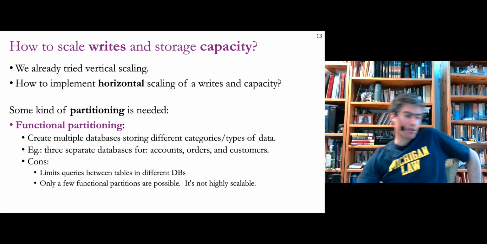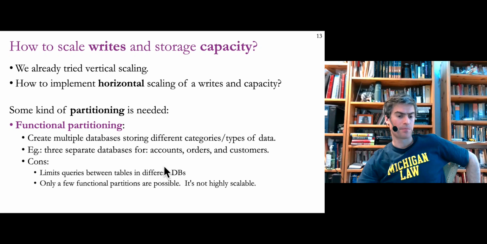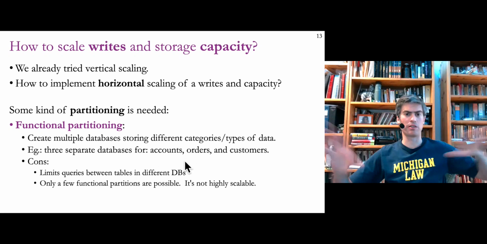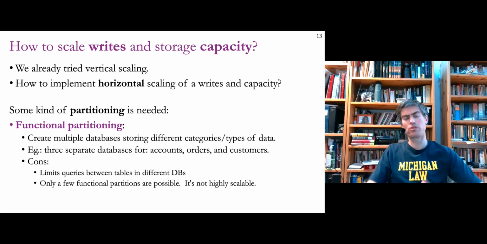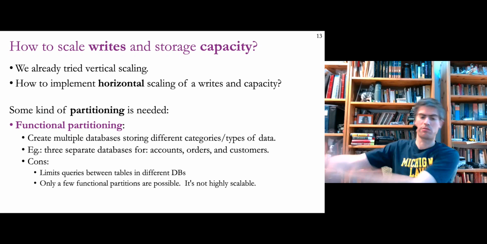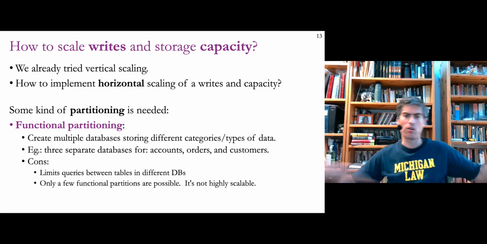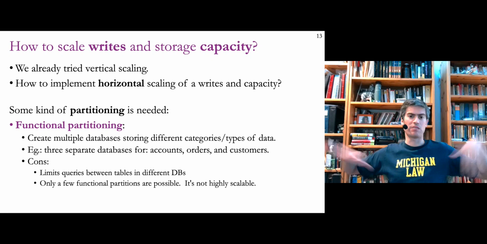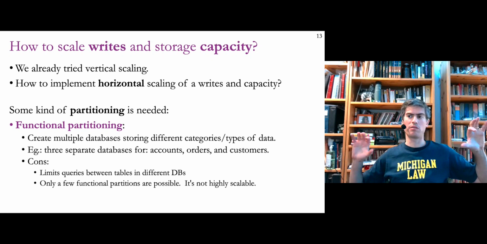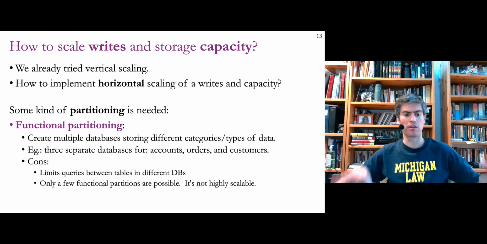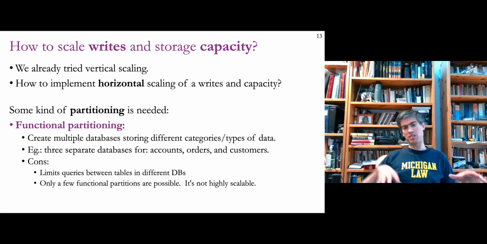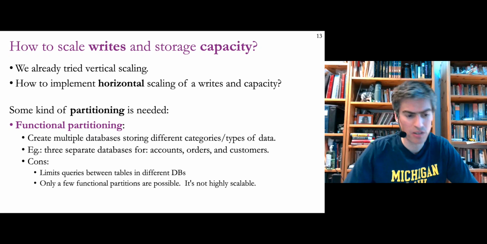This is often done not necessarily for scaling, but for simplicity of design and for isolating different engineering efforts. You might have an accounts database in one place, an orders database in a different place, and a customers database in a different place. All those could be separate. They could be behind different microservices. So the same principles of isolation and parallel development apply to databases as well as services.